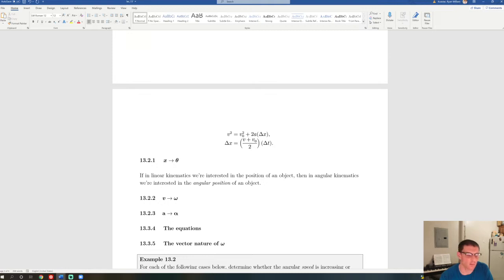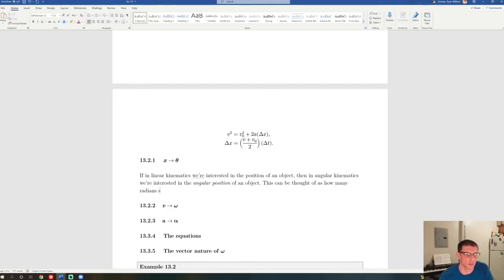And this can be thought of as how many radians something that is spinning has subtended, right?